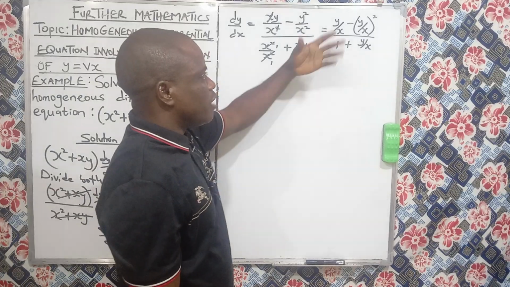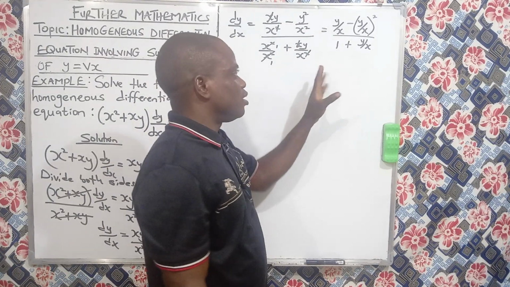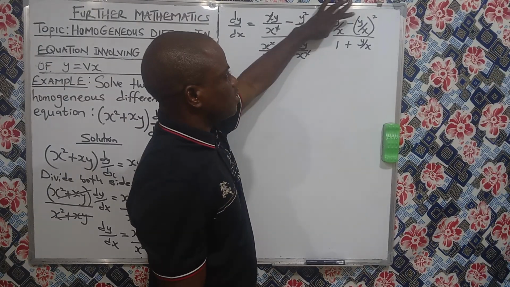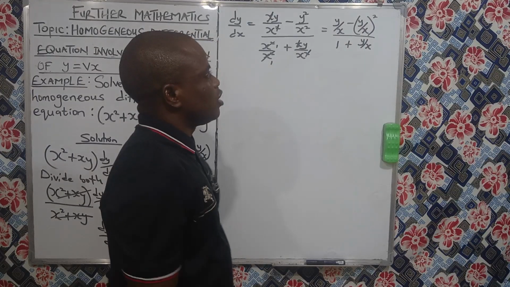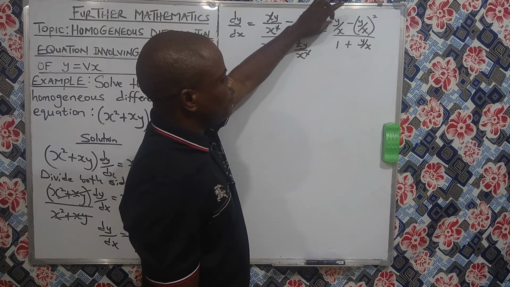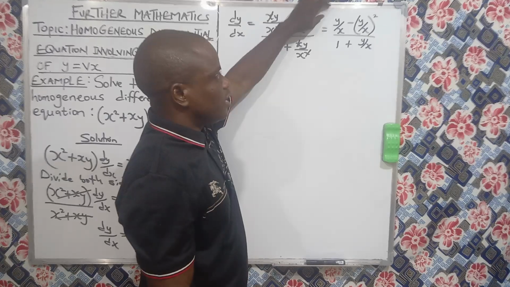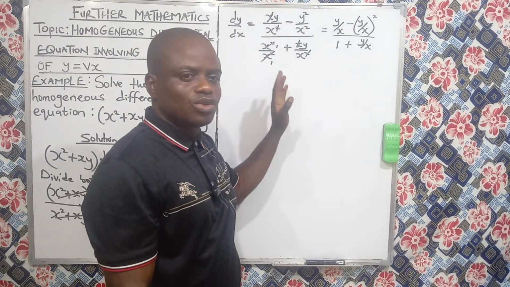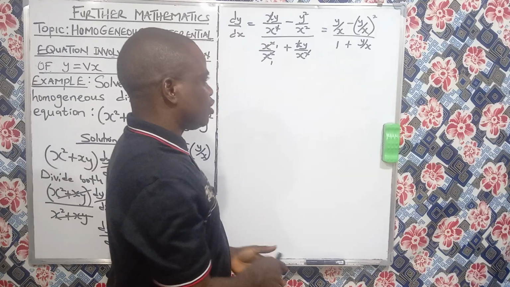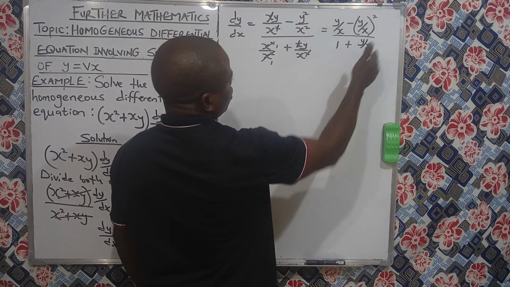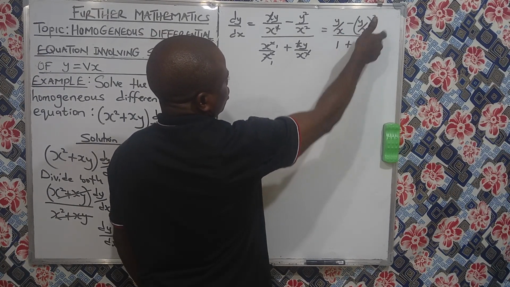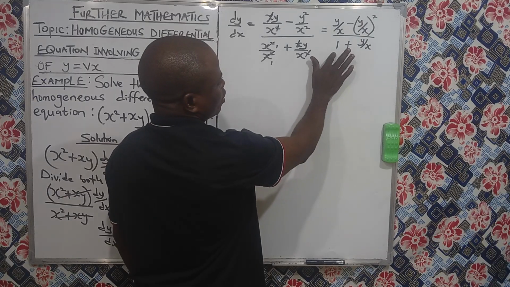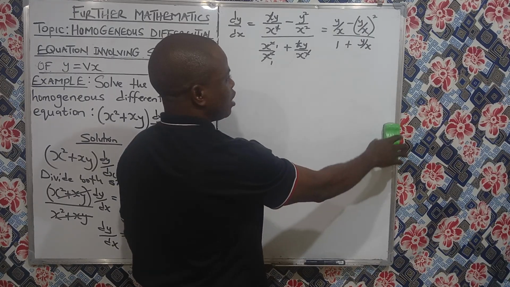You might have 1, 2, 3, and the rest, but what we are after is y over x. If you have any variable that is y and it doesn't have y over x, that disqualifies it. It is no more a homogeneous differential equation. Or if you have all the variables to be y over x, except one which is a constant, it is still allowed.